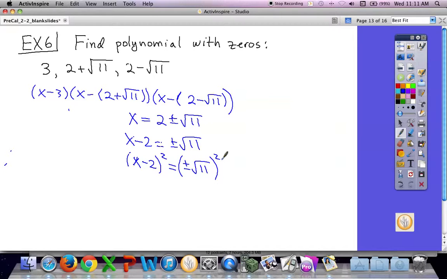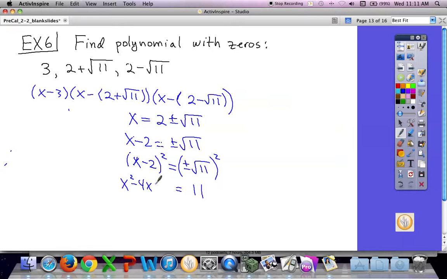Okay. Now, when you square the square root of 11, what are you going to get? You're going to get 11. What happens to the plus or minus? It goes away, right? Because a plus times a plus is a plus, and a minus times a minus is a plus. So in either case, the plus or minus goes away. So now what we have is on this side we have 11, and on this side we have FOIL, x squared minus 2 times x, or x minus 2 times x minus 2.